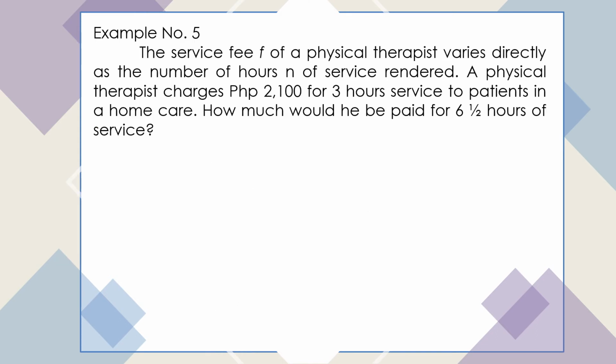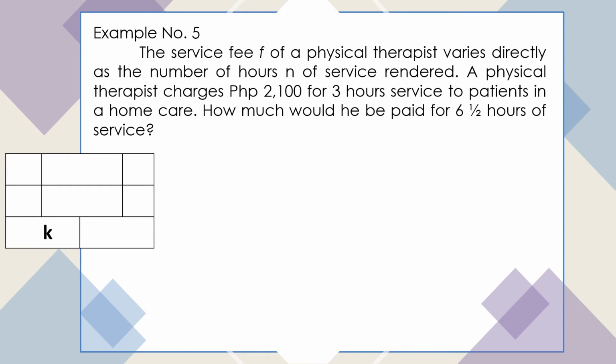Okay, for our last example sa direct variation, we have problem solving. The service fee of a physical therapist varies directly as the number of hours of service rendered. A physical therapist charges 2,100 for 3 hours service to a patient in a home care. How much would he be paid for 6.5 hours of service? So first, lagay muna natin yung given.